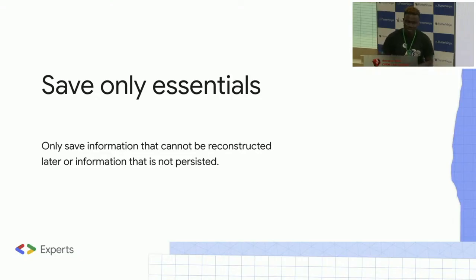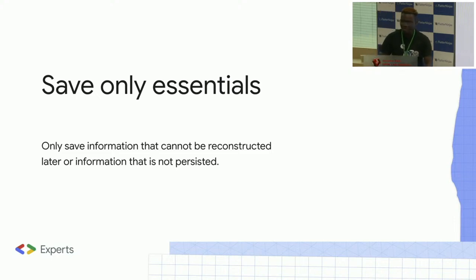There's no point in trying to perform state restoration on those because you could always retrieve them from local storage. So you save only the essentials. Data that you get from an API call, why are you trying to restore that? You could get it from the server, right?